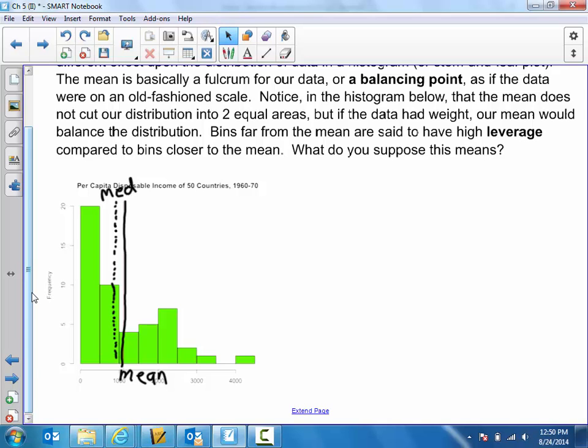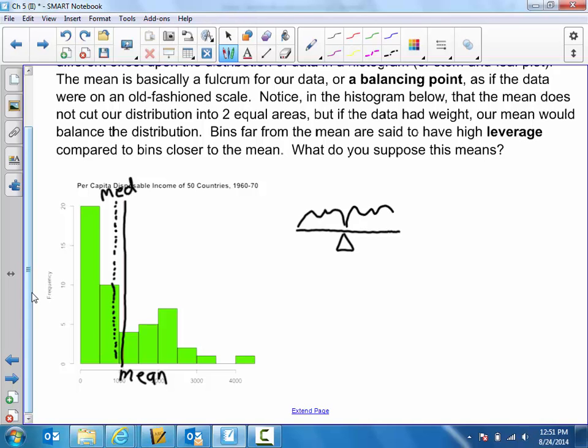So just like with a typical seesaw, let's say you've got the fulcrum of the seesaw here, and you want to make sure that this is balanced. I've got about the same width to either side of the seesaw here, okay? Let's say that those are the same two widths. Well, obviously, we are not going to balance the distribution if you've got a big dude over here on the left opposite a teeny tiny girl over here, okay?